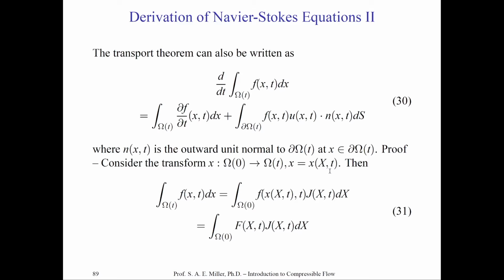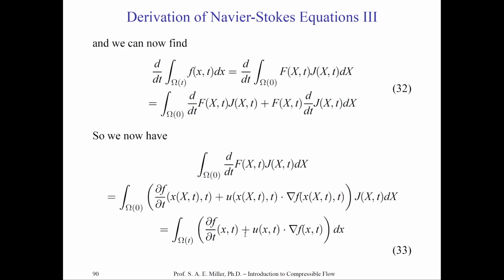The left-hand side remains exactly the same. The right-hand side then can be written as an integral over Omega 0 of f times the Jacobian, which we defined earlier in this class, which is, of course, equal to capital F, and, of course, the same Jacobian. Here, of course, f of little x with an argument of big X is equal to f, which we showed earlier in this class.